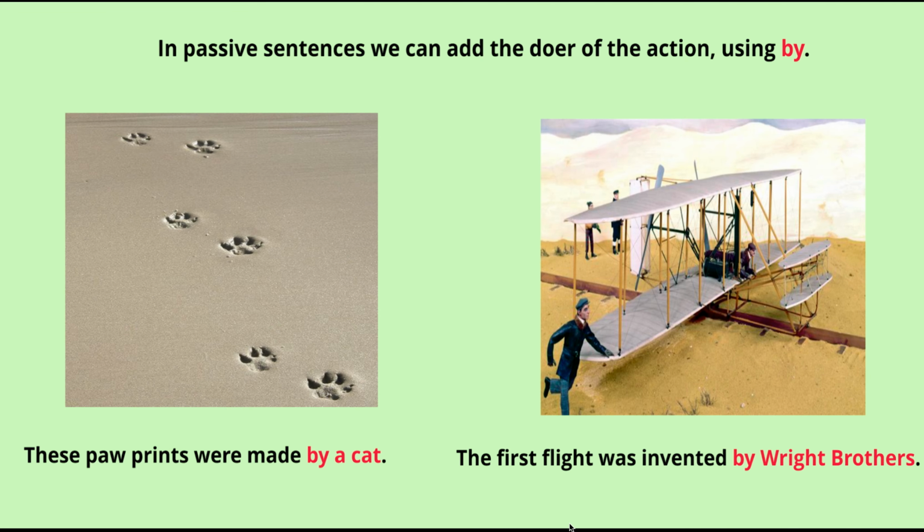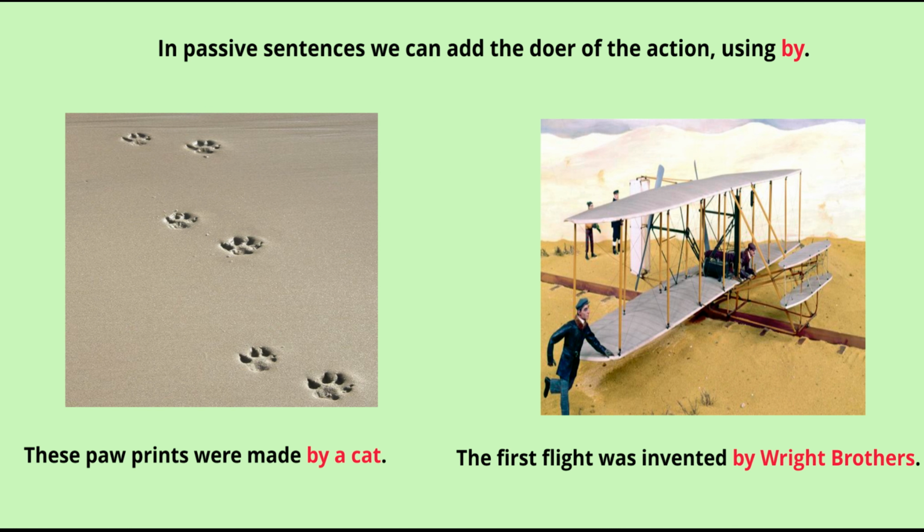In passive sentences, we can add the doer of the action using by. In the first image, you can see some footprints. These paw prints were made by a cat. So whose paw prints were those? Cats, right?